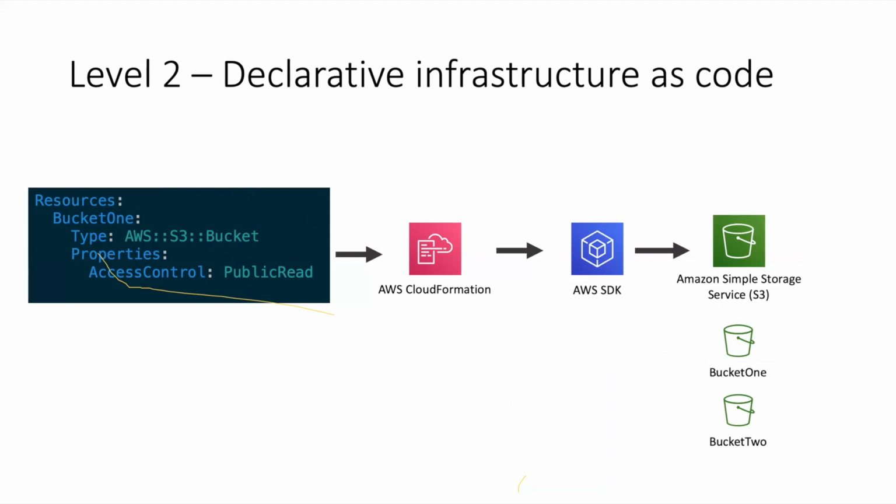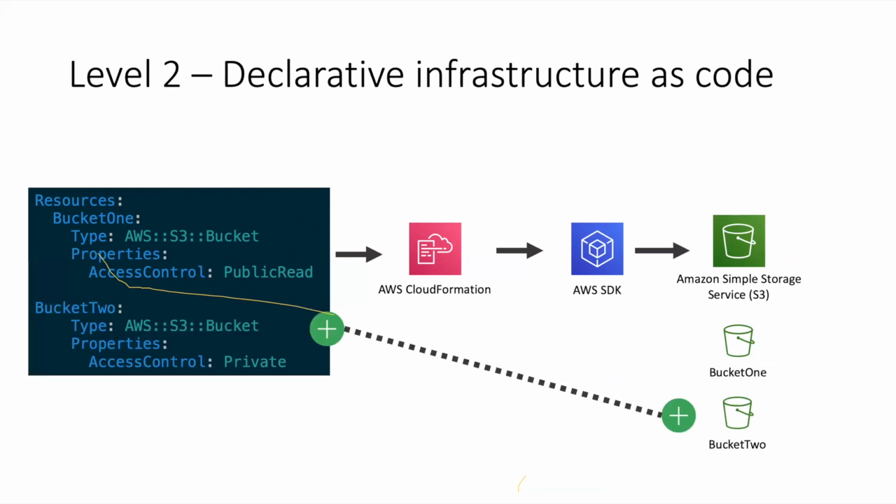And then the SDK results in the creation of a bucket in S3. Now, if I was to add a bucket 2 to this list, then what happens is CloudFormation makes another call to the AWS SDK and adds a bucket. If I remove bucket 2 from the list, then CloudFormation notices that bucket 2 is gone and instead makes a call to the AWS SDK to remove the bucket, and so the bucket gets deleted.